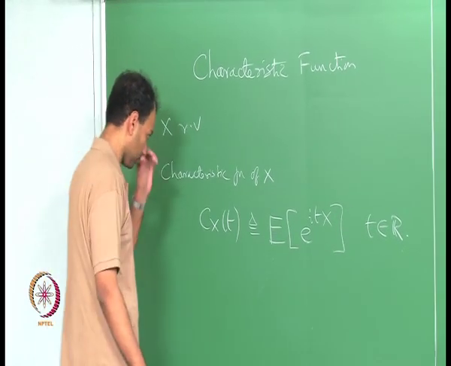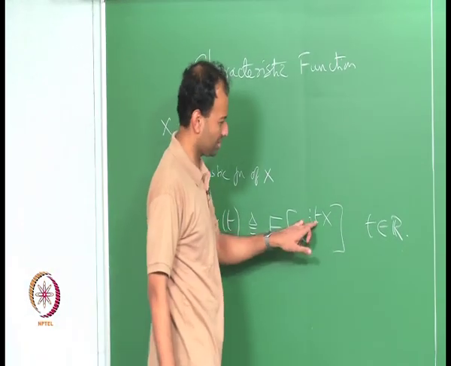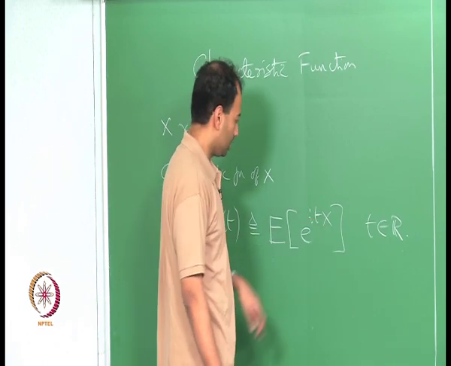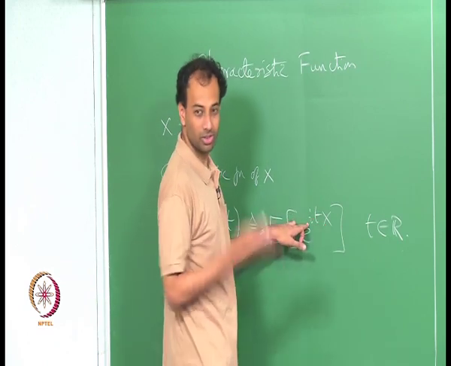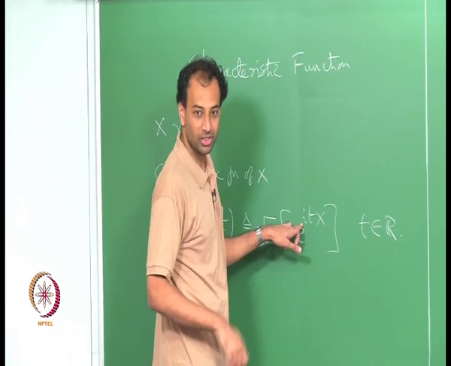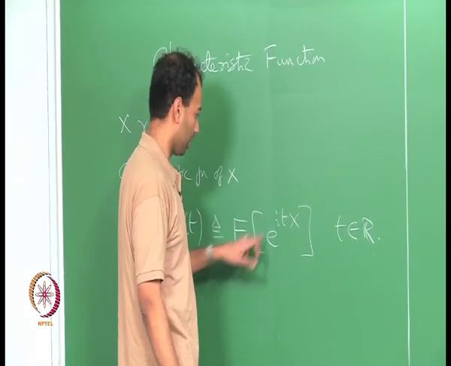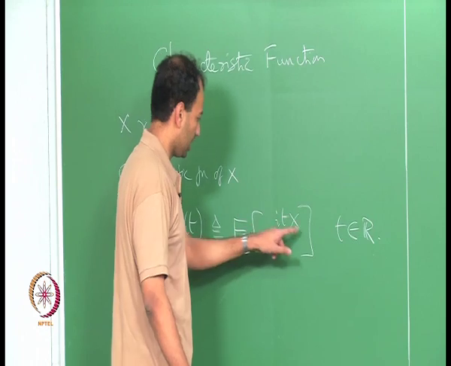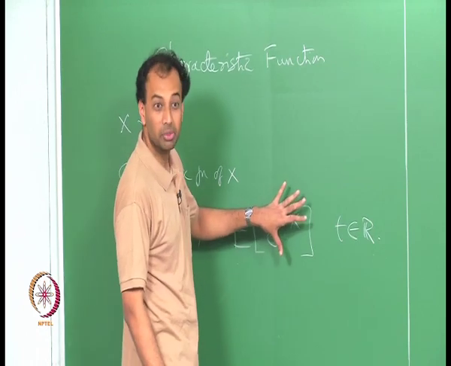So, this t is some real parameter, X is your random variable. This i is of course such that i squared is minus 1, it is your square root of minus 1. e^(itX) is a complex valued random variable, right.